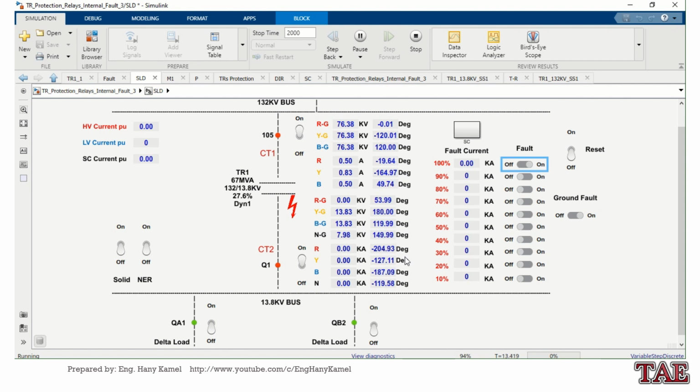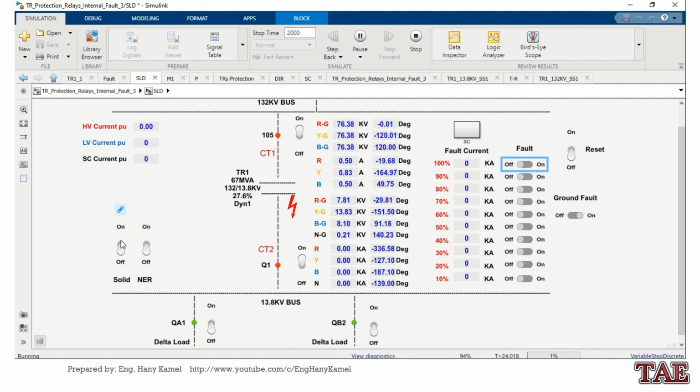Because the transformer neutral point is isolated, there is no short circuit current; only the R phase voltage is 0 and the neutral current is 0, so protection cannot work. That's why in an isolated system we use an earthing transformer. It helps to find a path for short circuit current, so it will help the protection relays.